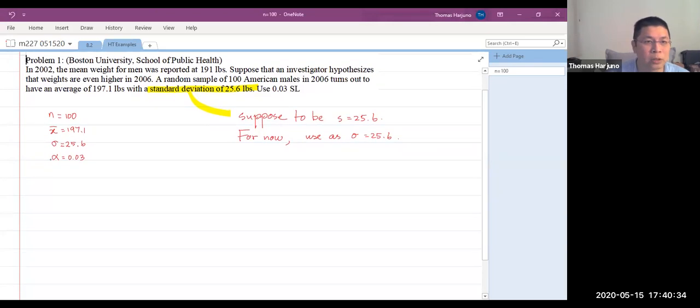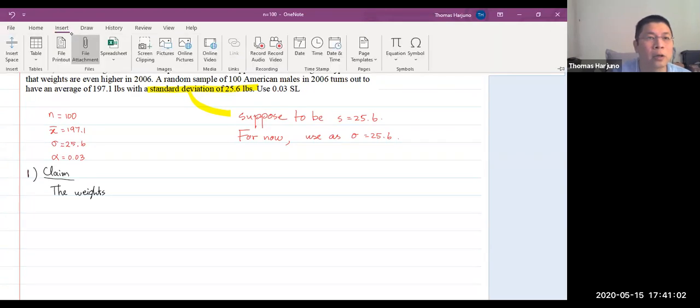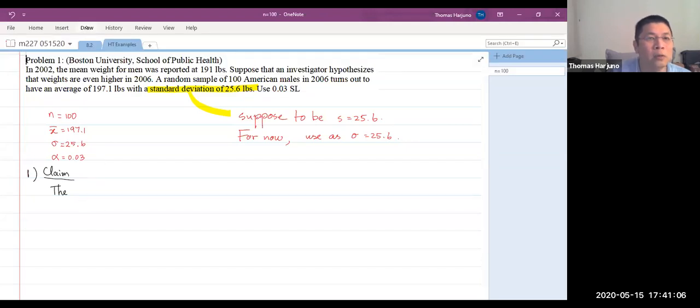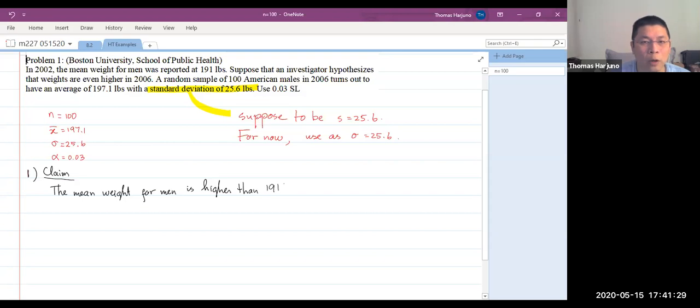Okay, let's start. Step 1, the claim. The claim is the mean weight for men is higher than 191 pounds.